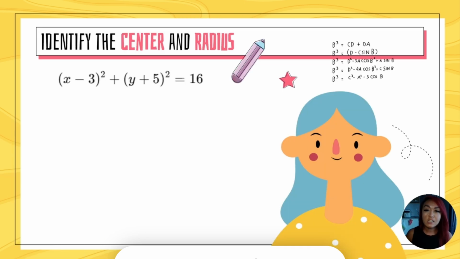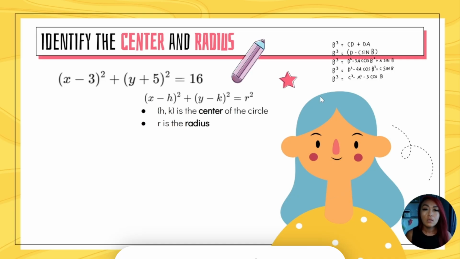So let's take a look at this example. We have the equation here, (x − 3)² + (y + 5)² = 16. Let's identify the center and the radius. So again, here's your standard form of a circle. And if you notice, this is very similar to the vertex form of a quadratic.